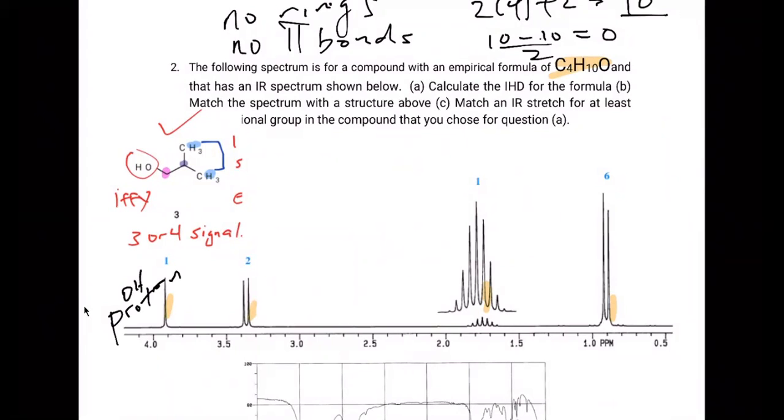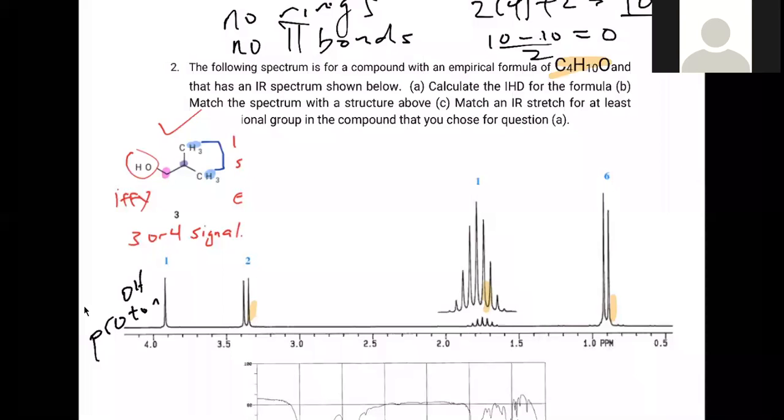So we said 3 signals if it didn't show up, and 4 signals if it did. So that singlet out here at, I'm sorry, at 3.9, that's gonna be the OH. And you can see the integration is 1 proton.